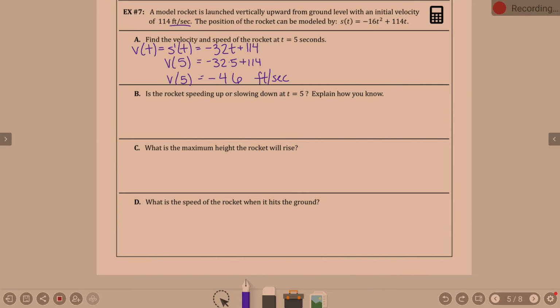It also asked us for speed. What is the speed? What's the speed if velocity is negative 46? Absolute value of negative 46. Right, absolute value. It's going to be the absolute value of velocity at 5, which is going to make it positive 46 feet per second. Is that better today? Yeah.